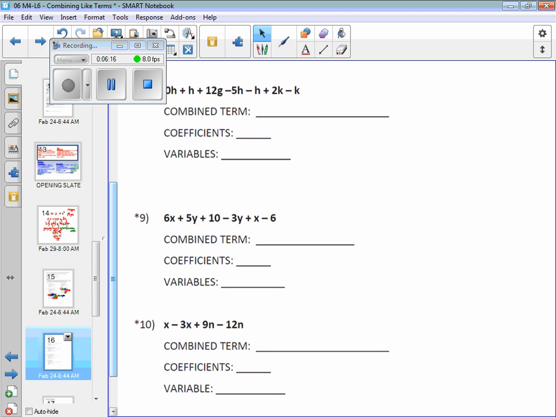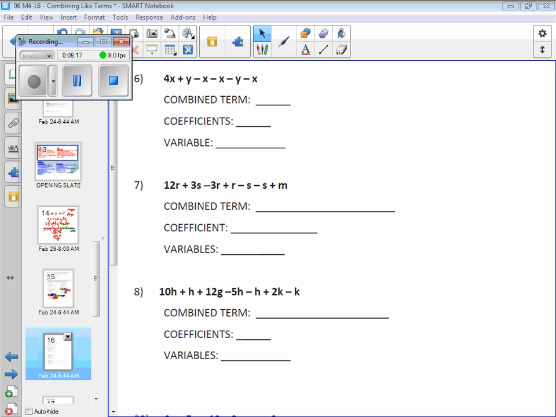Here's 6. I start with how many x's? Starting with 4, right? Take away how many x's? I now have how many? Take away another one. I now have how many? Take away another one. I have how many? Do I need the coefficient next to it?